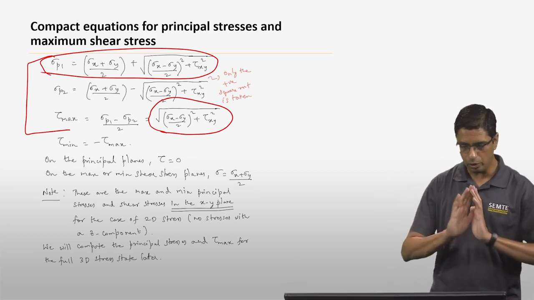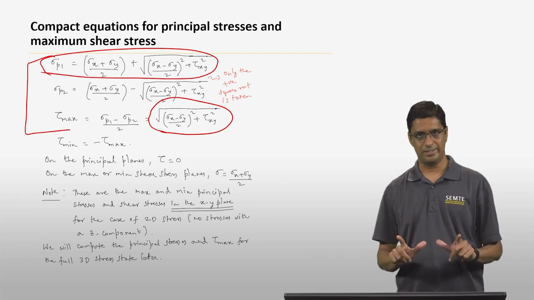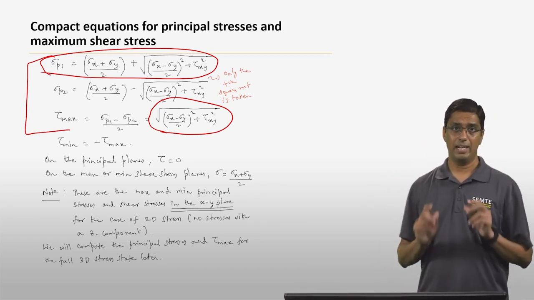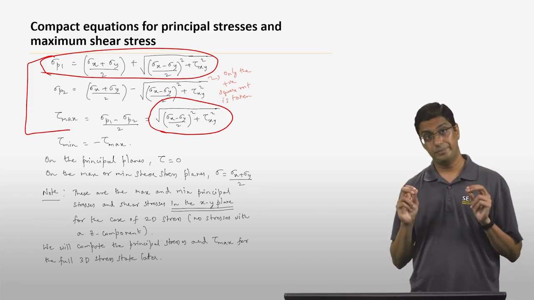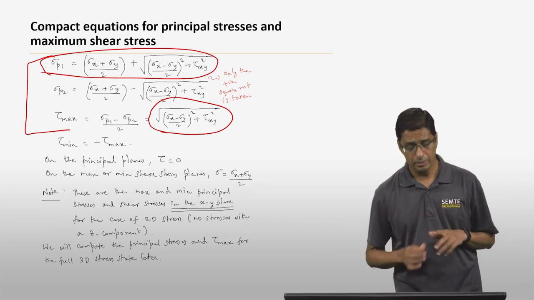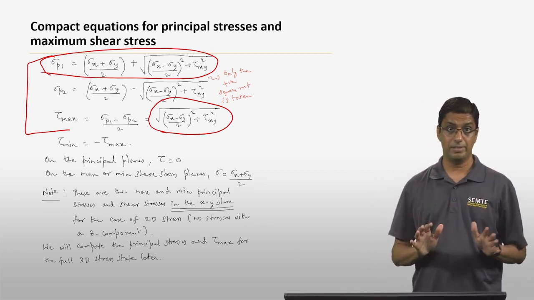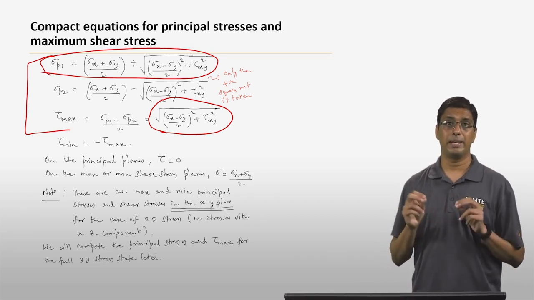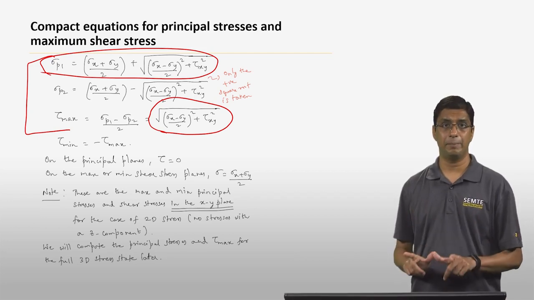Of course, once you calculate, you can find out because sigma P3 is actually equal to 0. So all these equations are only true for the 2D stress case where you have only stresses in the XY plane, and the sigma P1 and sigma P2 are the principal stresses in the XY plane. The same thing is true for the maximum shear stress. I have written it as sigma P1 minus sigma P2 divided by 2. This is the maximum shear stress in the plane.